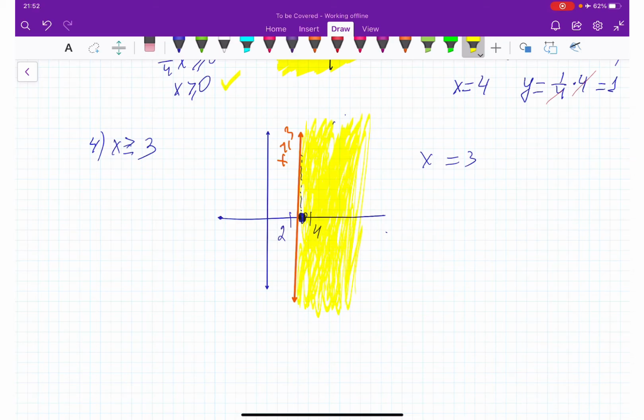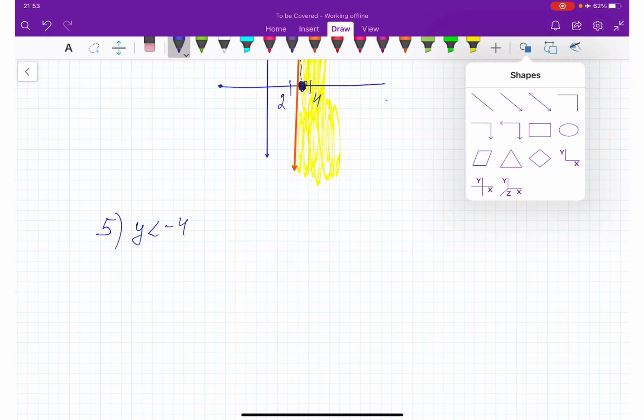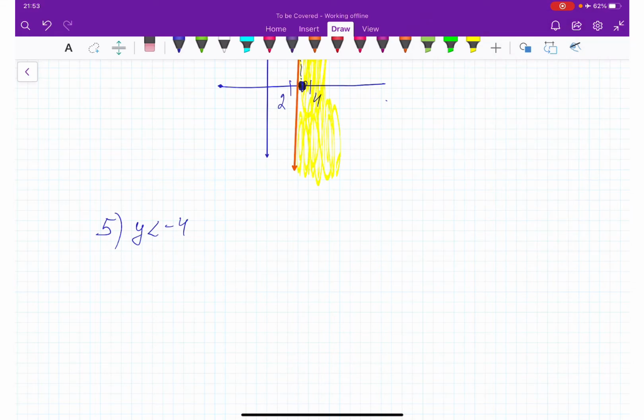Good enough. Question number 5. Question number 5, y is less than negative 4. Okay, that means y is less than negative 4.